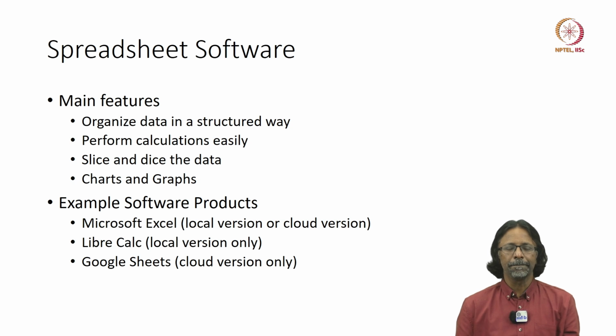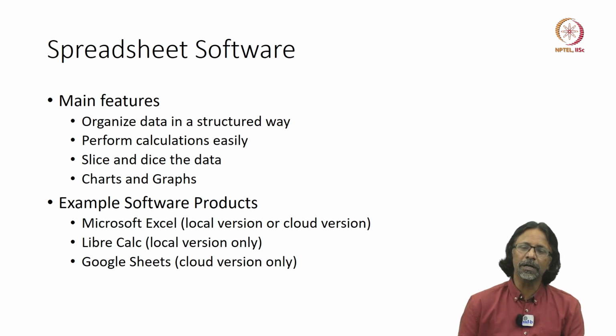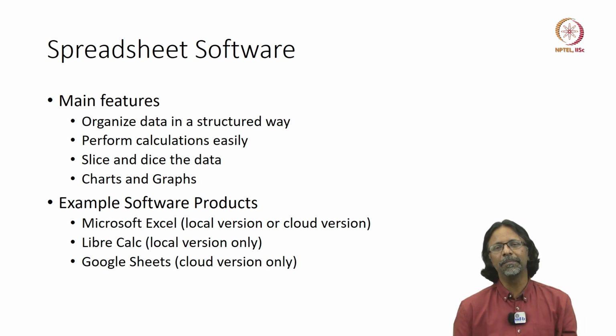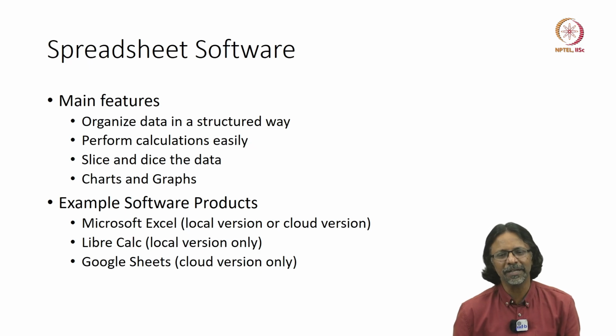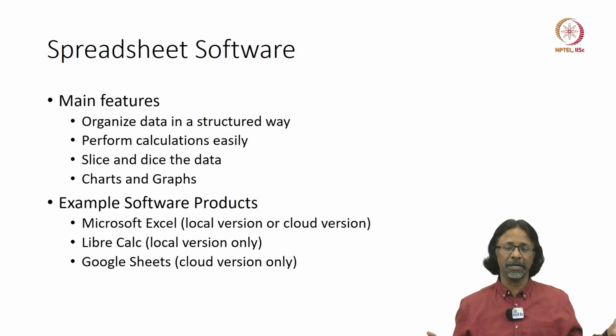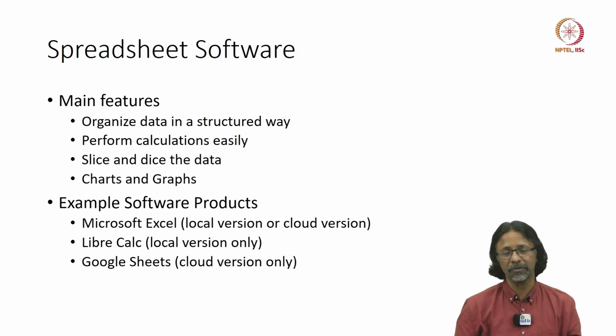The second most important use as well is the ability to slice and dice the data. These days, when we are dealing with lots and lots of data, I am talking about, say, 100 records, 1,000 records, right? It can be extremely large.